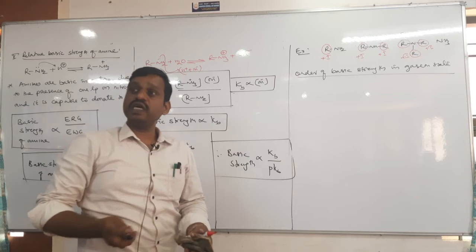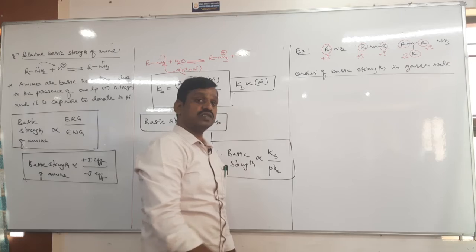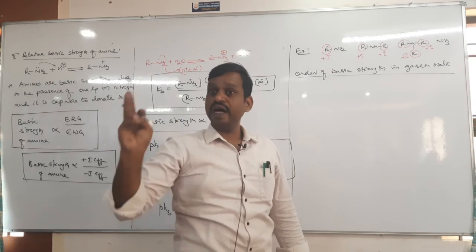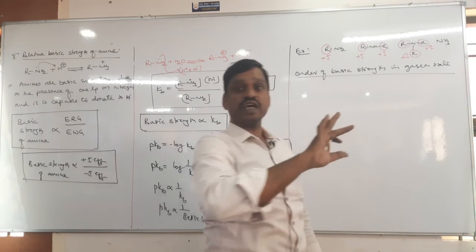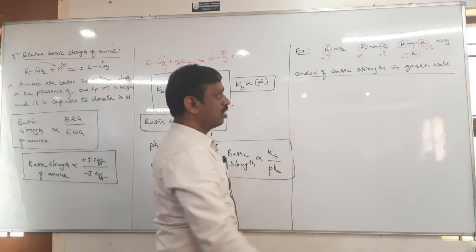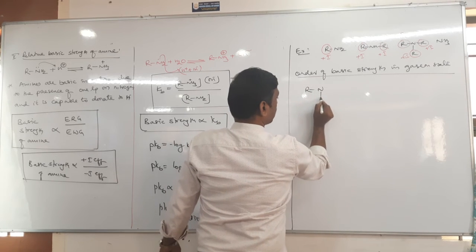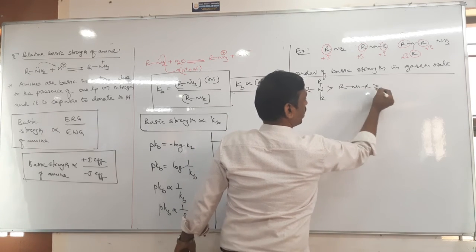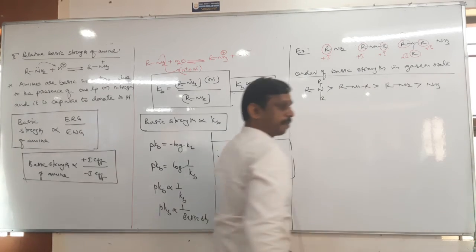Therefore, as the plus I groups increase, basic strength increases. The condition is when there is no hydrogen bonding, no hydration energy, and no steric hindrance. When all these three conditions are negligible, that is called the gaseous state. In the gaseous state, tertiary amines are more basic, then secondary amine, then primary amine, then ammonia.